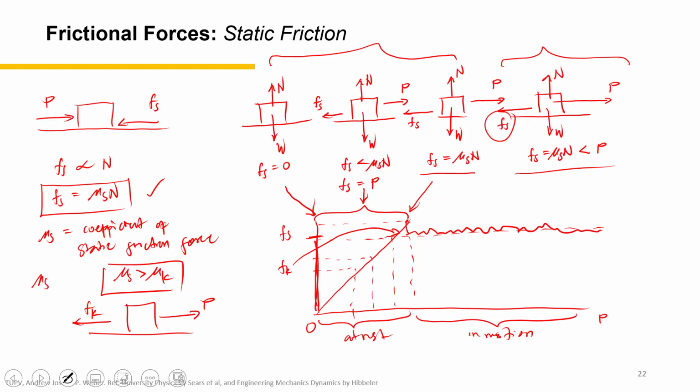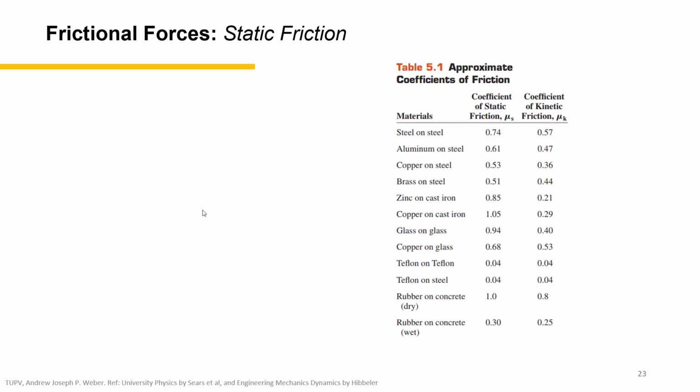So any type of material paired with any other type of material creates different values for μs and μk. So this is a table of approximate coefficients of friction between different materials. The coefficient of static friction and the coefficient of kinetic friction are both displayed.